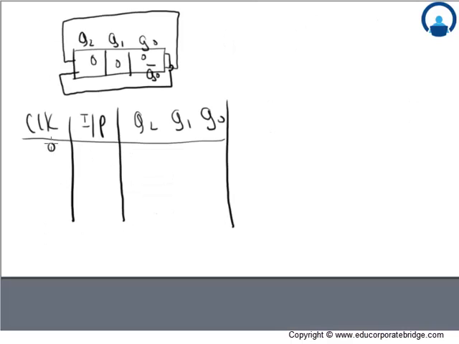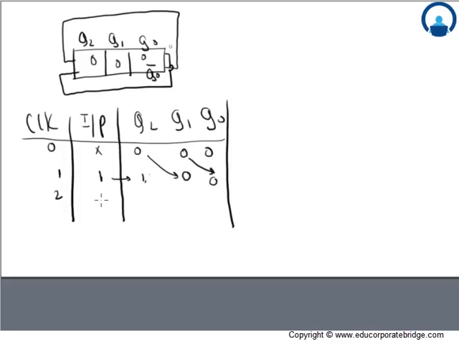For the first clock pulse, let us say Q0 is initially 0, therefore Q0 bar becomes 1. This 1 comes as an input to Q2. That is how I have got 1 here. So this 0 goes here.